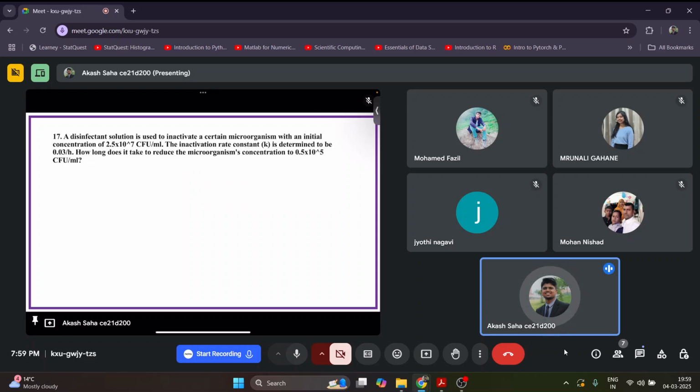Okay, again a small numerical like what we have solved previously. Please quickly solve it. A disinfectant solution is used to inactivate a certain microorganism with the initial concentration of 2.5 x 10^7 CFU per ml. The inactivation rate constant K is determined to be 0.03 per hour. How long does it take to reduce the organism's concentration to 0.5 x 10^5 CFU per ml? This time they have not asked the volume, but the time period.